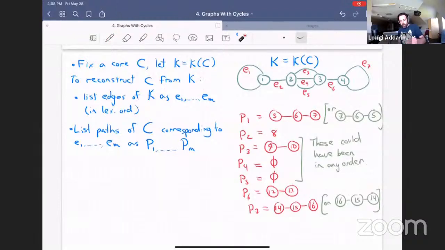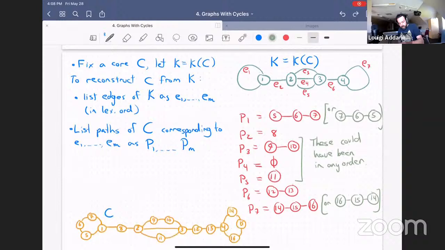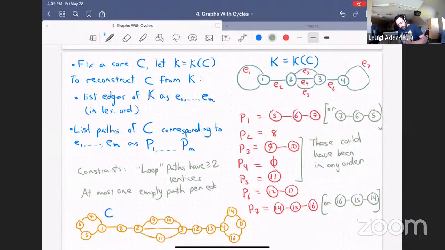So what are the constraints I just described? The constraints are: the loop paths have at least 2 edges, at least 2 vertices. And there's at most 1 empty path per kernel edge.